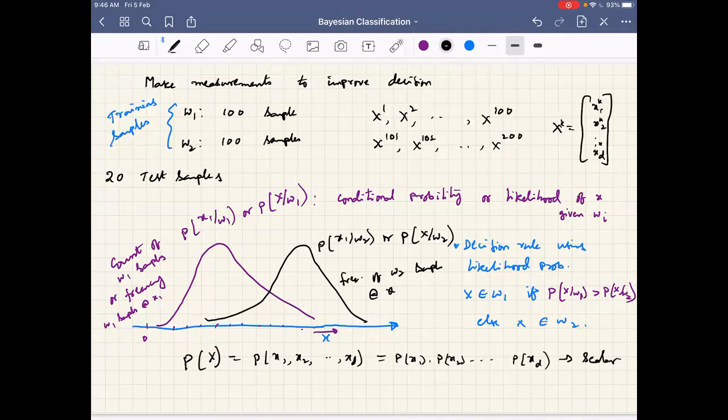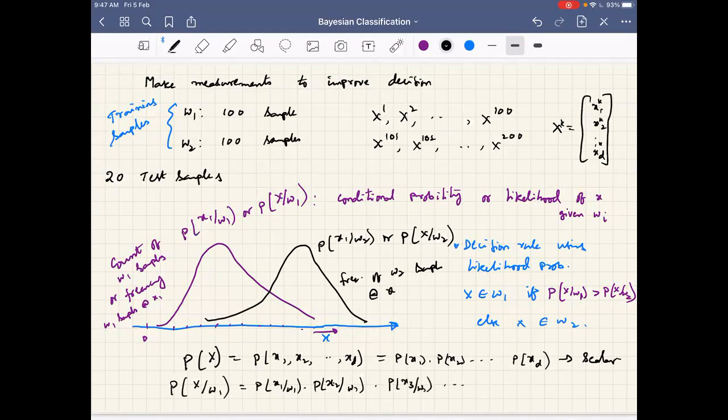Similarly, before we discuss the decision, like how to take decision and so on, P of X given omega 1, if I ask, the same thing we will expand. P of X1 given omega 1 into P of X2 given omega 1, if features are independent, into P of X3 given omega 1.